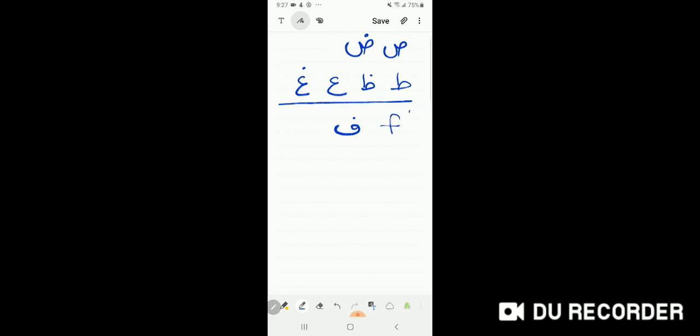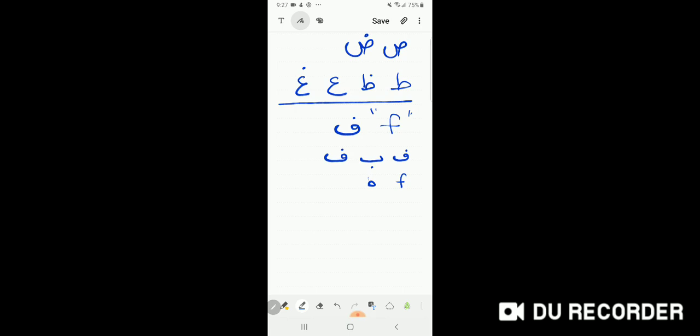Fa makes the F sound. And the way that you're writing it is on your notebook line. You're going to make a loop, and then you're going to put a dot on top. So fa is similar to the shape of the ba. Here's the ba. The difference is that the fa has a loop and a dot on top. Fa.